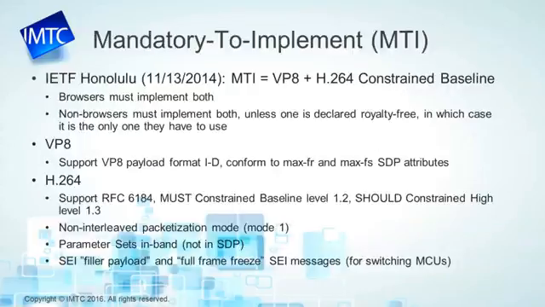One key issue with video in WebRTC was which codec to use. This was a very big discussion that lasted a very long time on how to deal with this mandatory-to-implement decision. It was decided in November of 2014 that the mandatory-to-implement codec would not be one, but two: VP8 and H.264 Constrained Baseline.